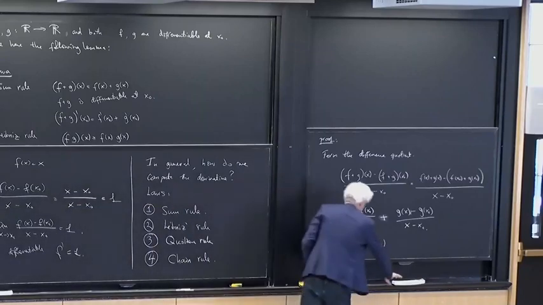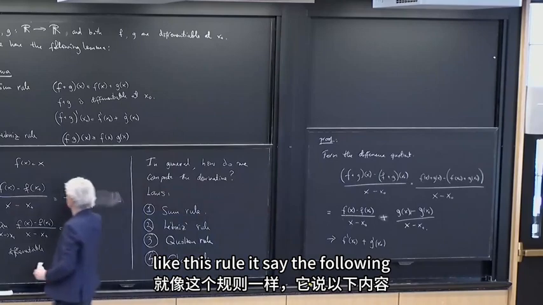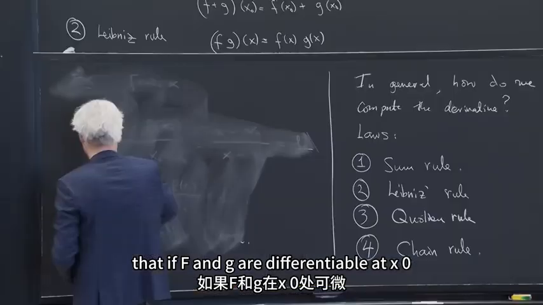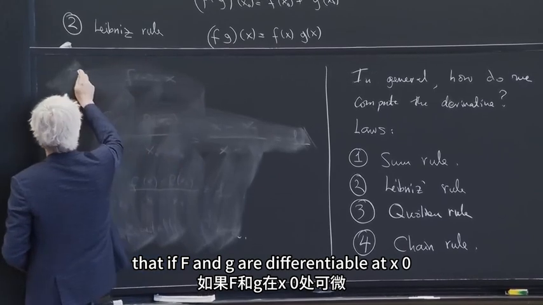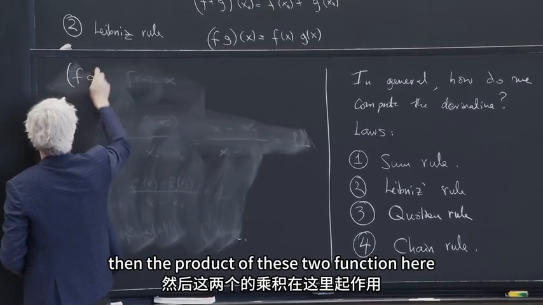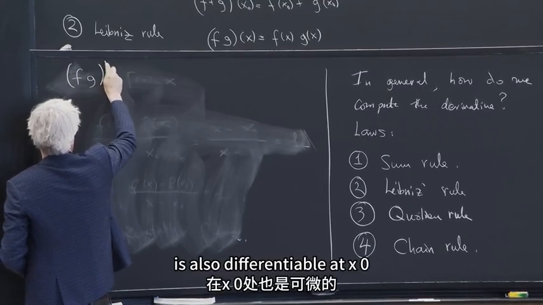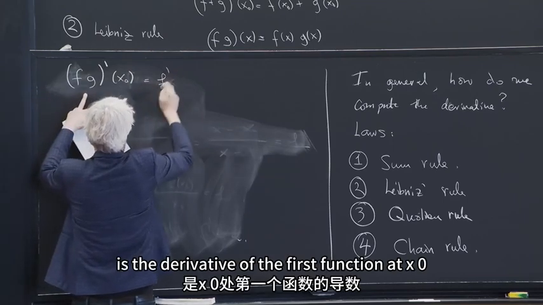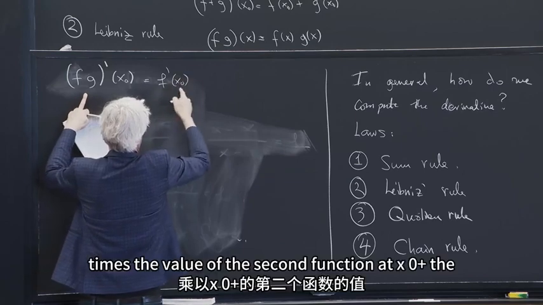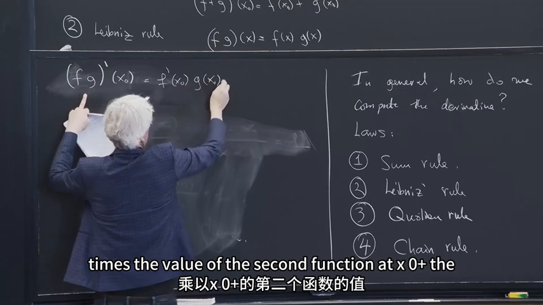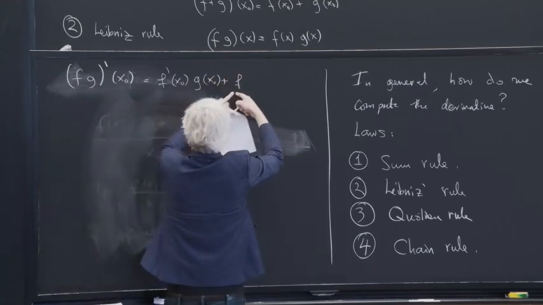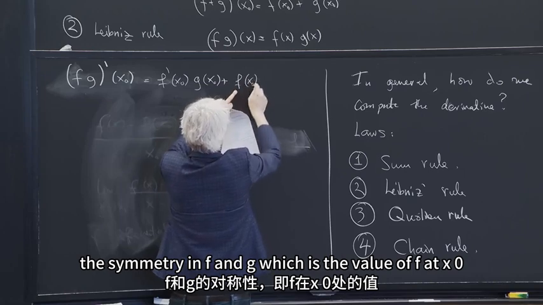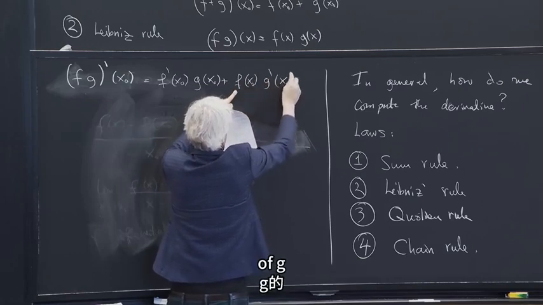And Leibniz rule says the following. If f and g are differentiable at x0, then the product of these two functions is also differentiable at x0, and the derivative of the product is the derivative of the first function at x0 times the value of the second function at x0, plus the symmetric thing in f and g, which is the value of f at x0 times the derivative of g at x0.